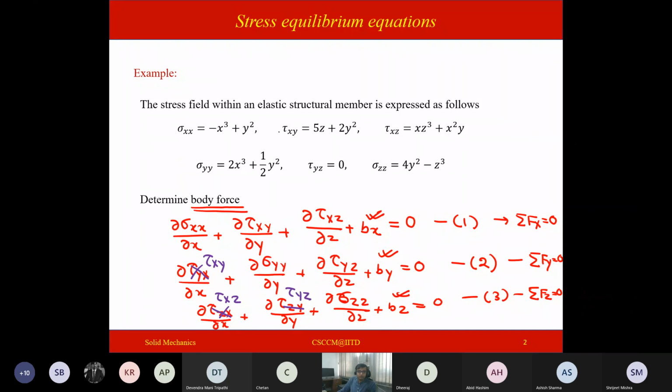Why am I doing it? Because look at the expression: certainly there is no expression for zx, and there is only an expression for xz. So that's why I'm doing this, and this is coming from the rotational equilibrium. So you're using both equilibriums. Now these are the terms that we need to compute, so let us try to compute them.